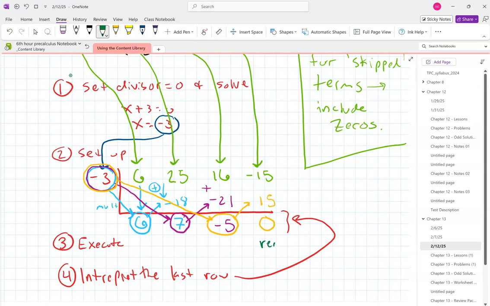So the first number, the 0, is our remainder. The next number is our constant term. The next number is the x coefficient. The next is the x squared coefficient, and so on, where everything after that first number on the right is describing our quotient.